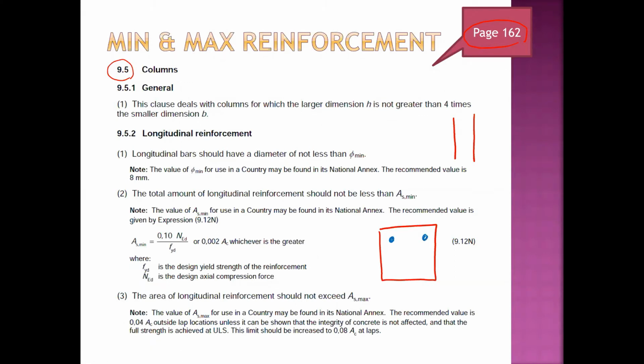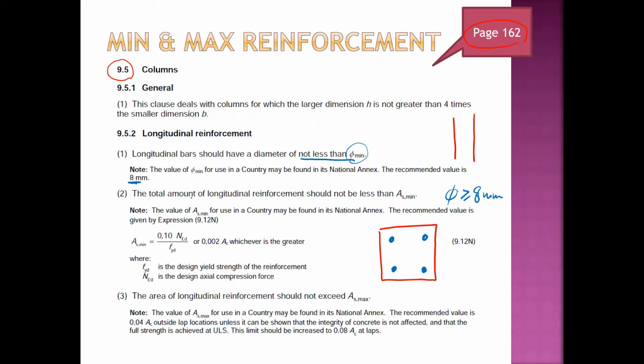1, 2, 3, and 4. The diameter, the recommended value, is 8 mm, so it should not be less than the minimum diameter. 8 mm is the minimum.